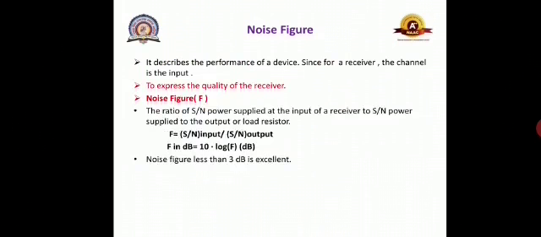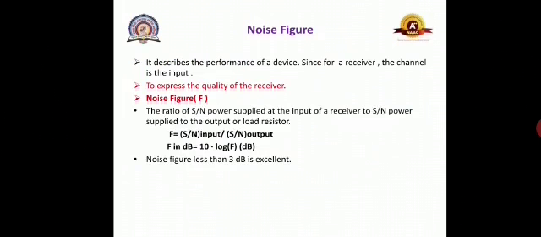So what is noise figure? The noise figure is the ratio of the S by N power at the input to the S by N power at the output. So it is written like this: F is equal to S by N at the input divided by S by N at the output.